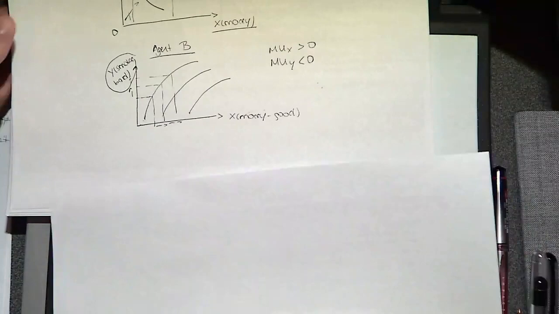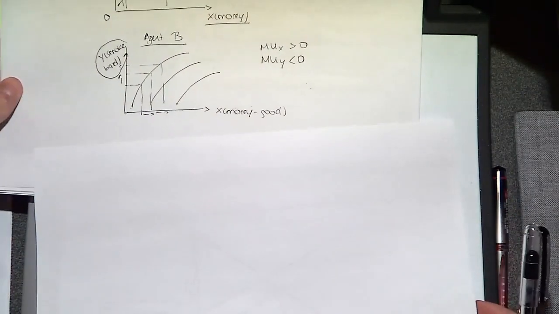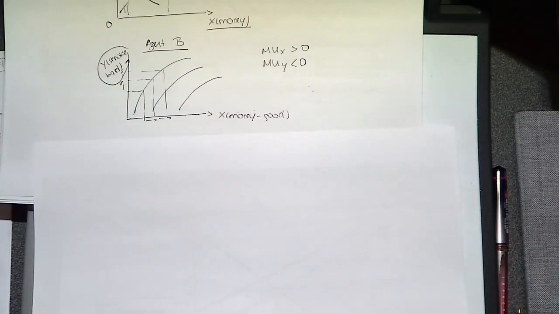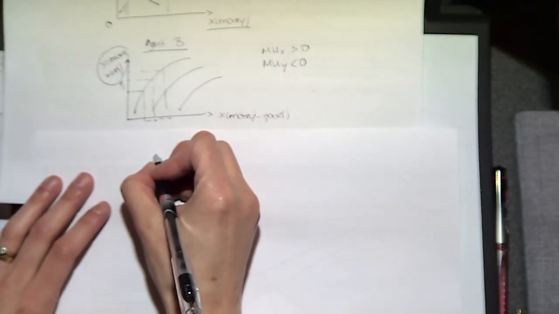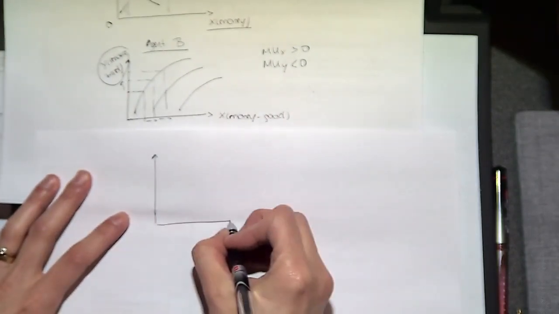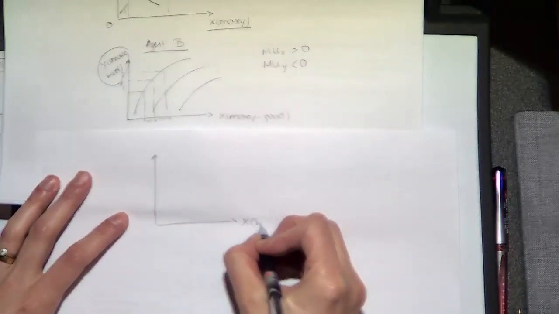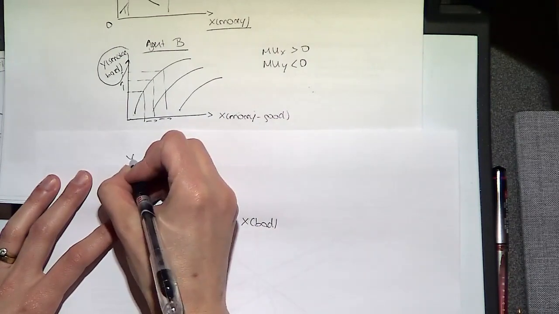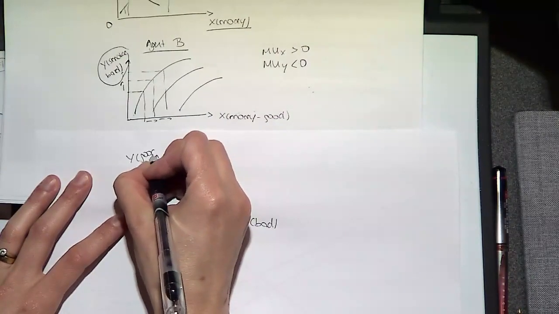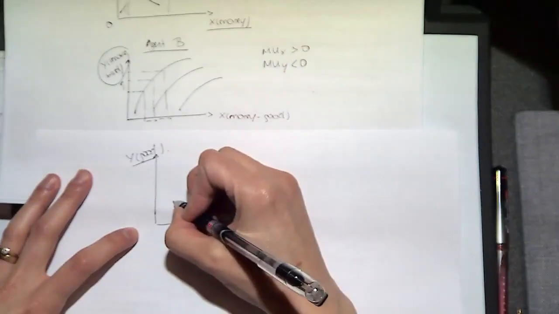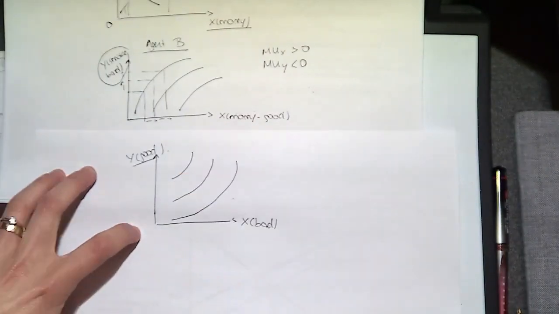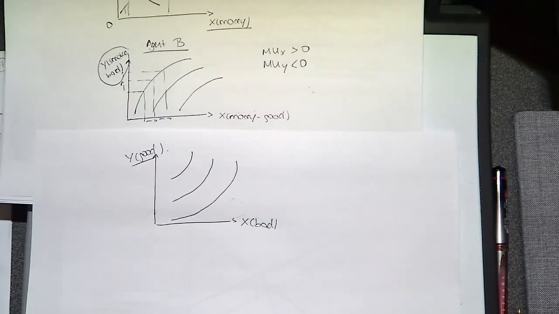Just in case you were wondering, not saying that I'm asking this. If this was the bad good and this was the good good, then you reverse them. It'll look like this. So basically, the reverse ones.